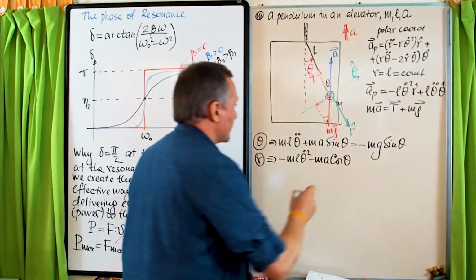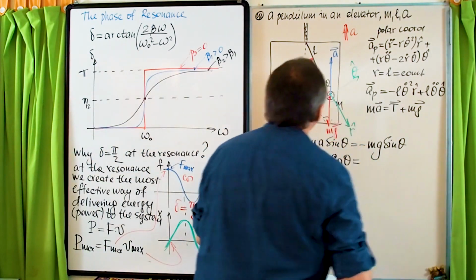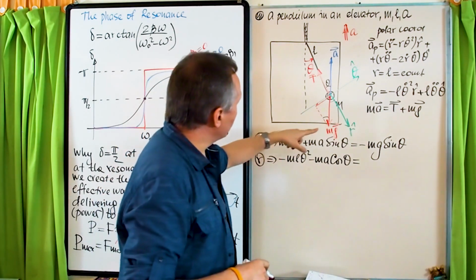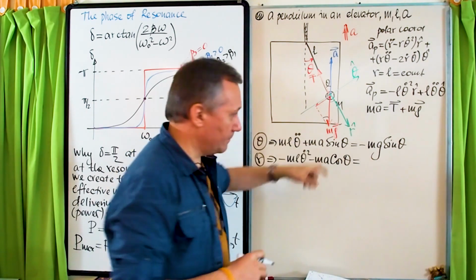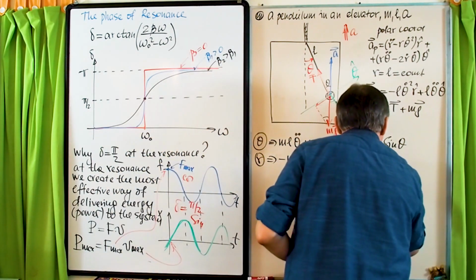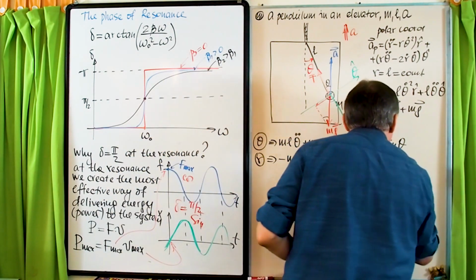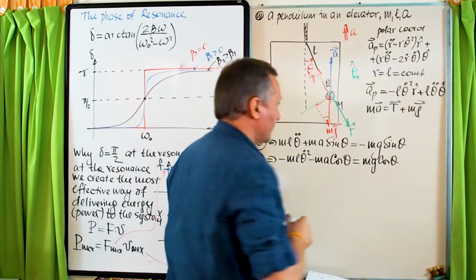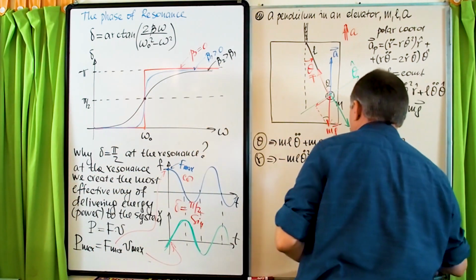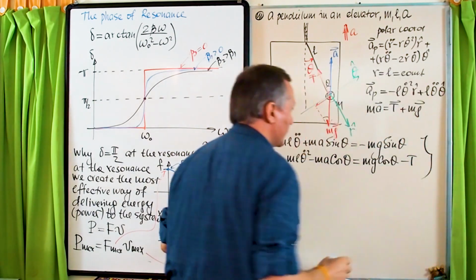And so now forces in the r direction: mg times cosine theta positive, and tension fully negative, minus T. Right, so a system of two equations.